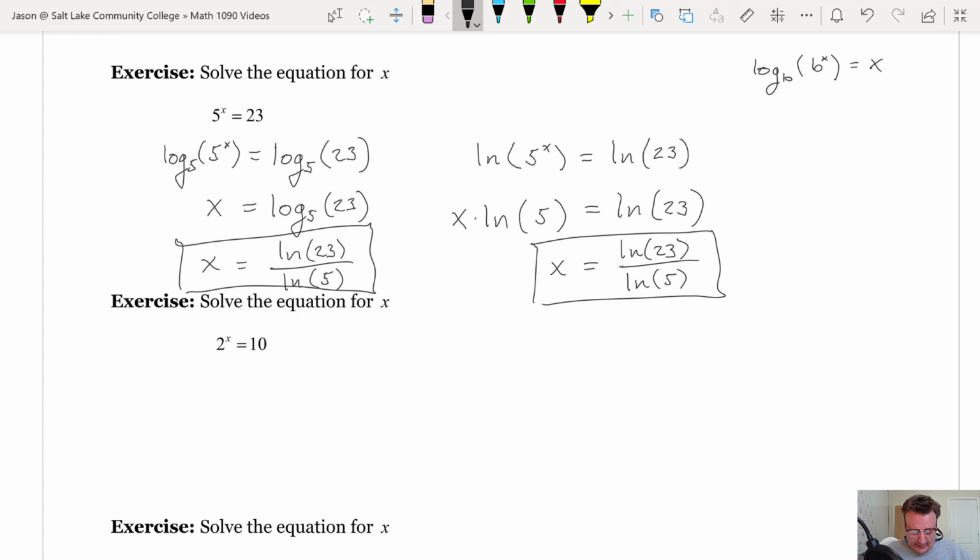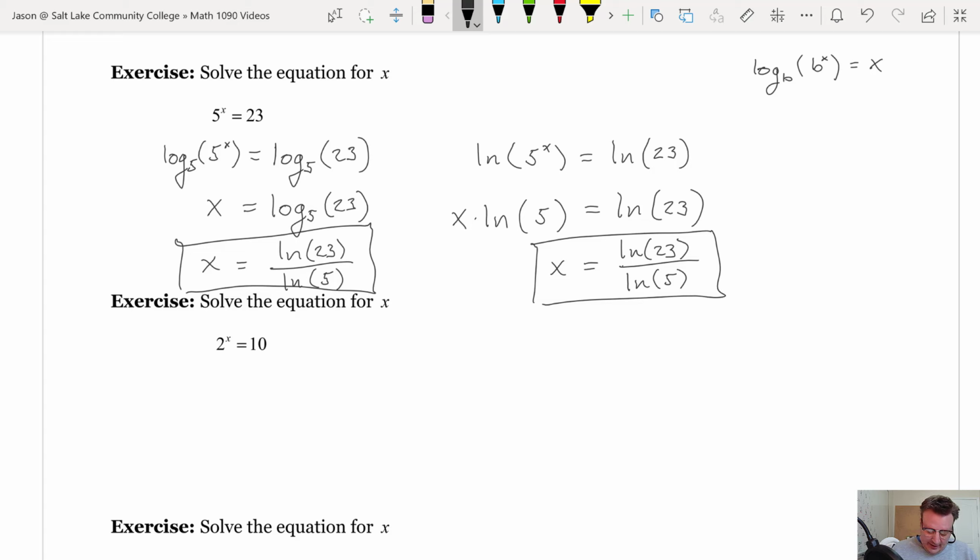Let's try the next exercise here. Solve the equation for x. We have 2 to the x equals 10. I can't express 10 as a power of 2, so I can't solve it the easy way.